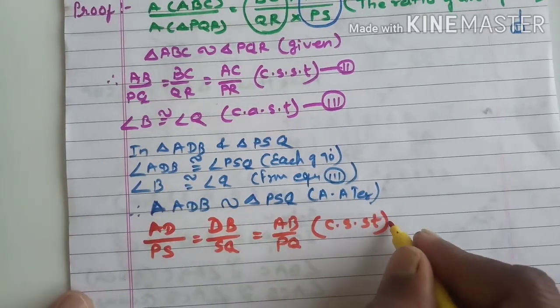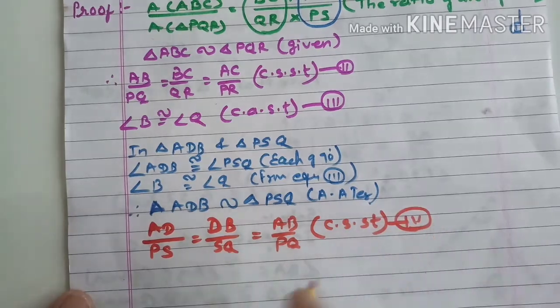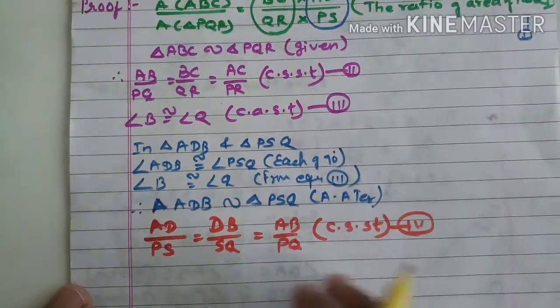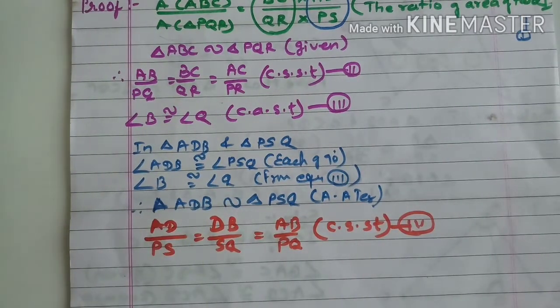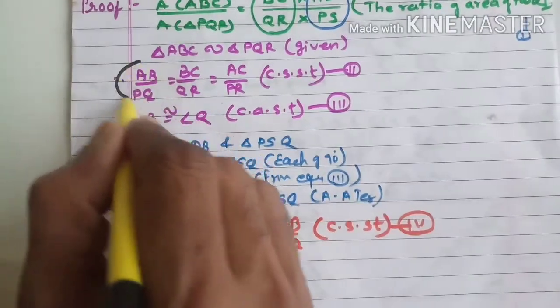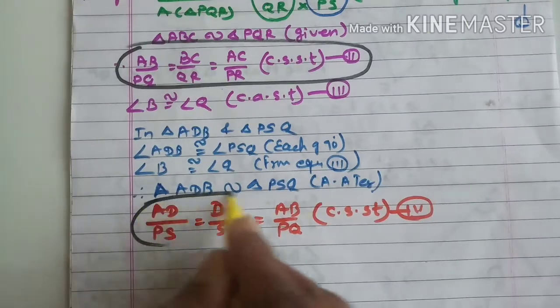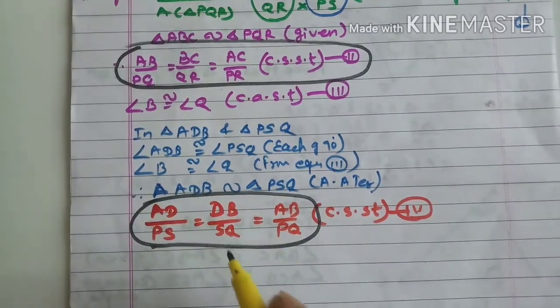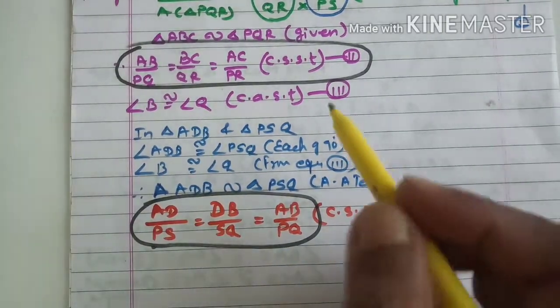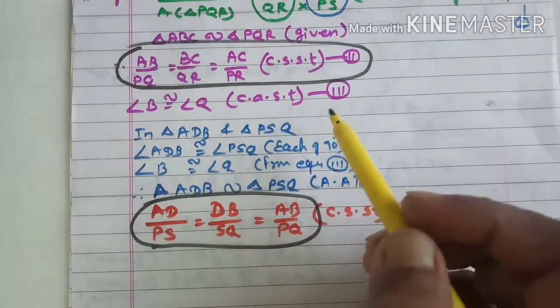This is equation number 4. Now compare equation number 1 and 4. So this is equation number 1 and this is equation number 4. Check whether any one ratio is equal or not.